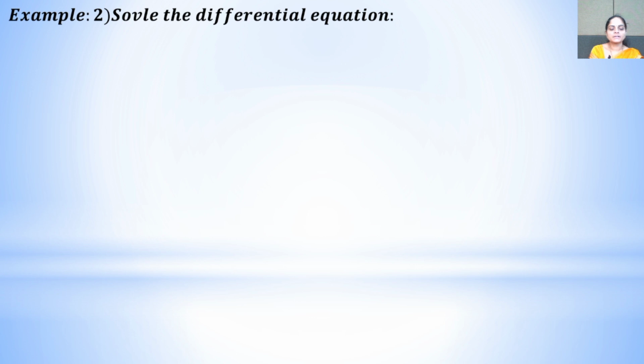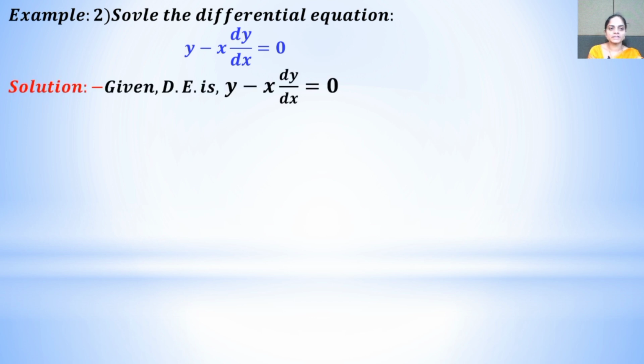Next example is: solve the differential equation y minus x into dy by dx is equal to 0. Let's start the solution. First we write the given differential equation: y minus x into dy by dx is equal to 0. Take the term x into dy by dx on the RHS.